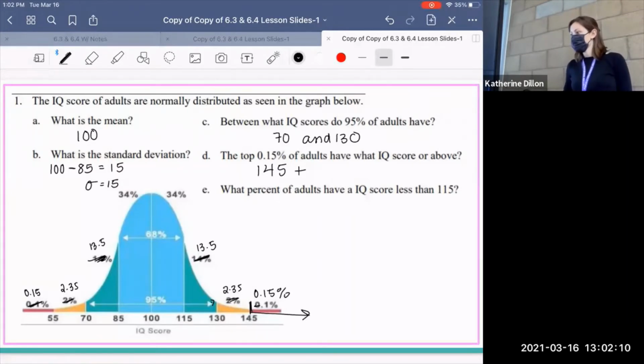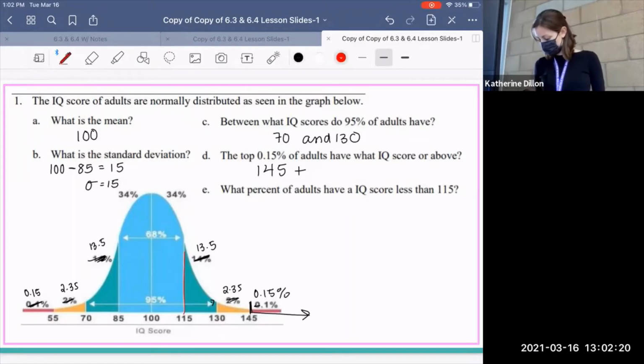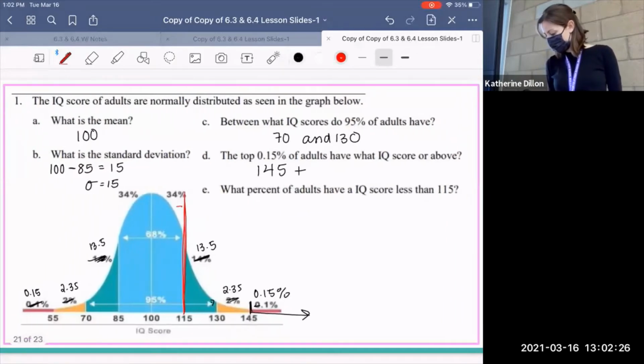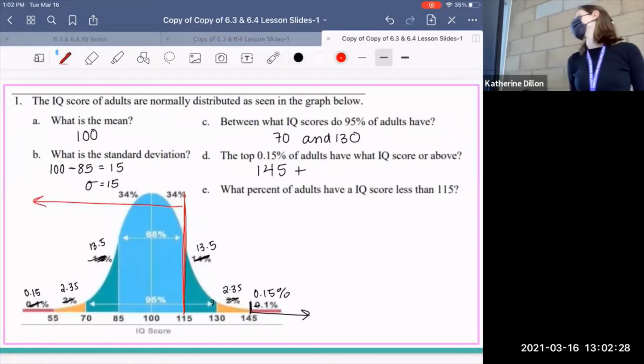What percent of adults have an IQ score of less than 115? You can try this. It can get kind of complicated. I'm looking at 115 right here, and I want to know what percent of adults have that score or below.